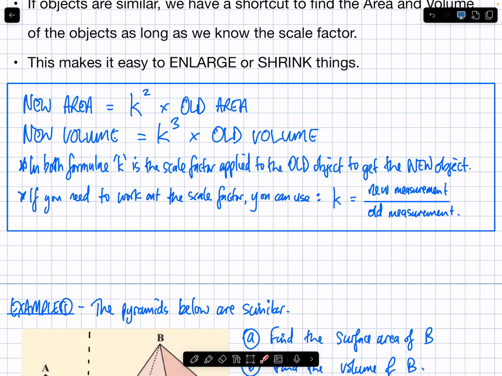Okay, would you like me to read it out? In both formulas, k is the scale factor applied to the old object to get the new object.